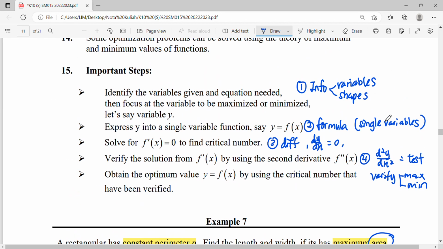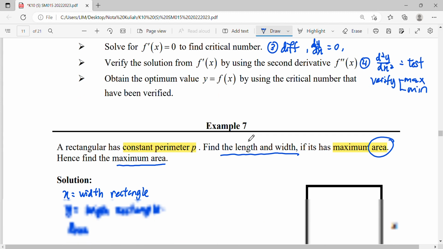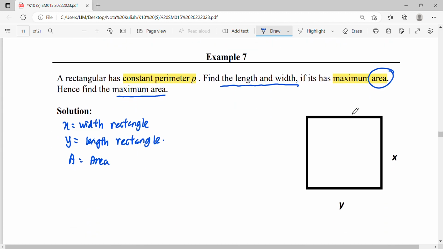The second step is to focus on your formula in a single variable. Look at the area: to form the area formula, we need length times width. Length and width are the variables that change so that you get your maximum. So A equals x times y.